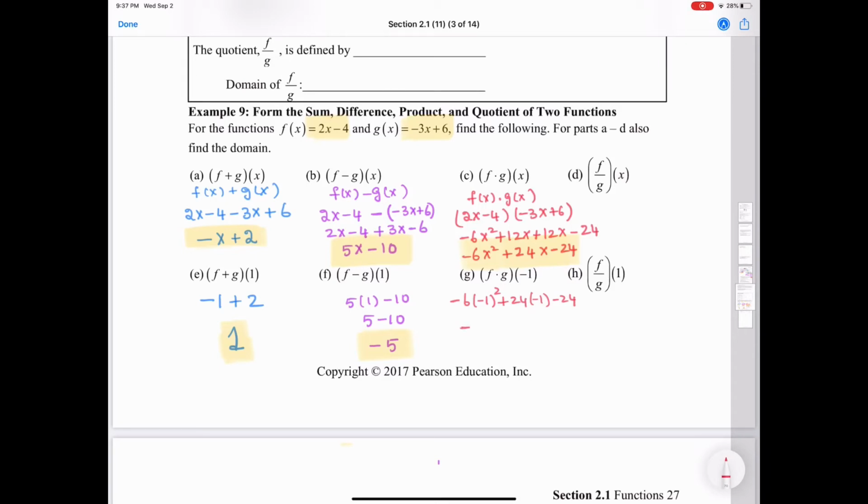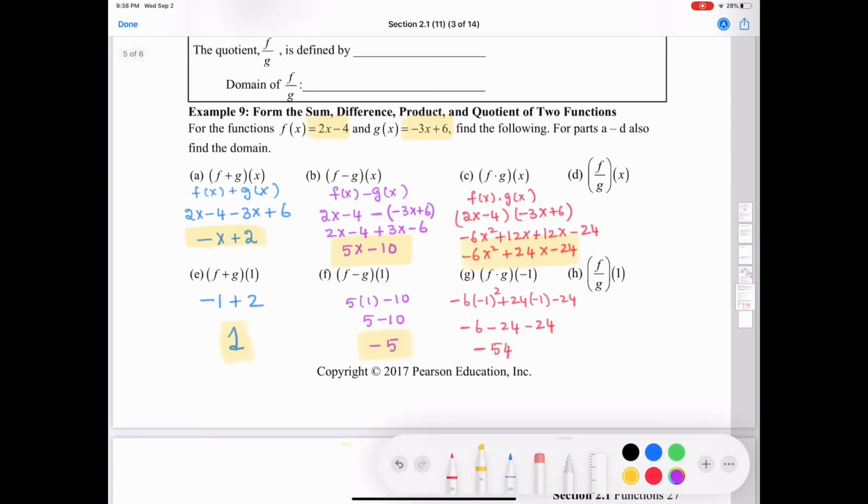And that becomes a minus 24 and a minus 24. So if you add them up, it would be negative 24 plus 24 plus 6. I'm just cross-checking it, so it's negative 54. And that is the answer for C.